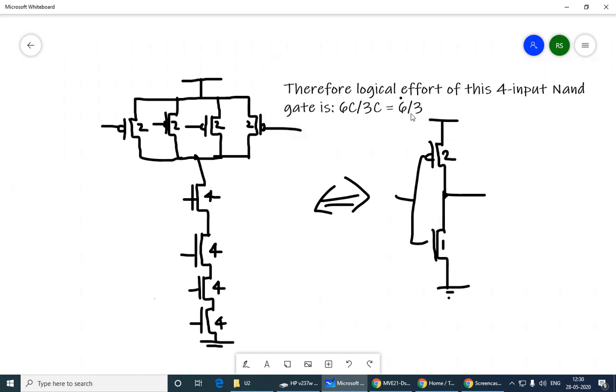And one more thing that we can notice here, 2 input was 4 by 3, 3 input we didn't calculate, but if you calculate you should get 5 by 3 for a NAND gate. 4 input is 6 by 3.